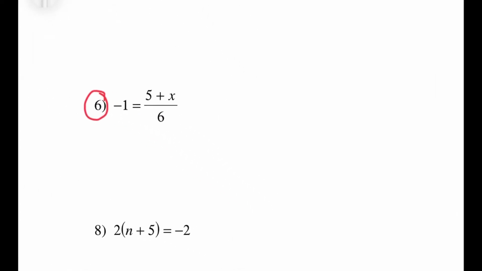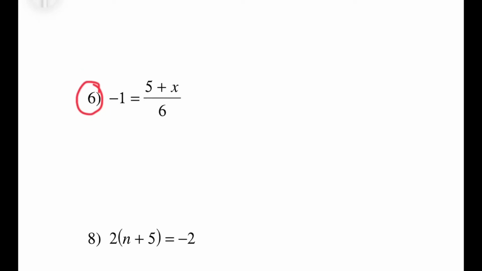Before we talk about how to solve number 6 or 12 or 23, we have to remember the order that we would evaluate an equation.